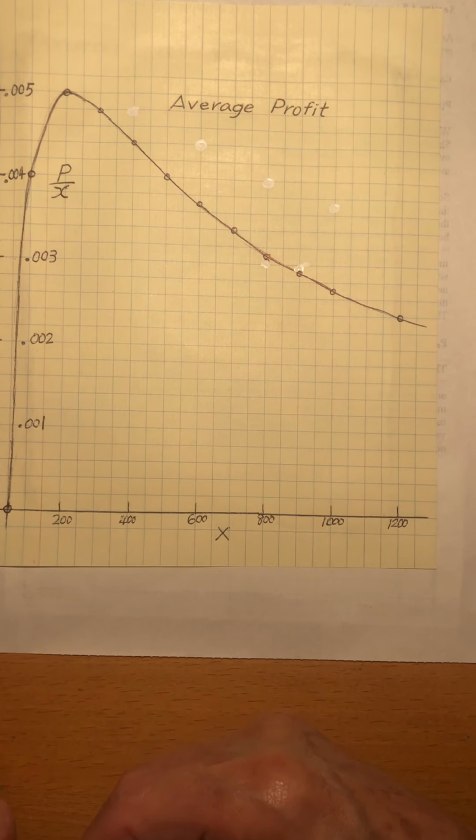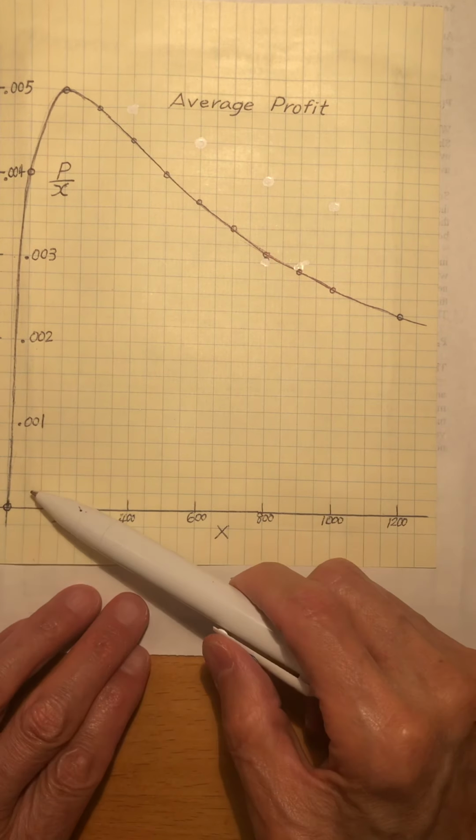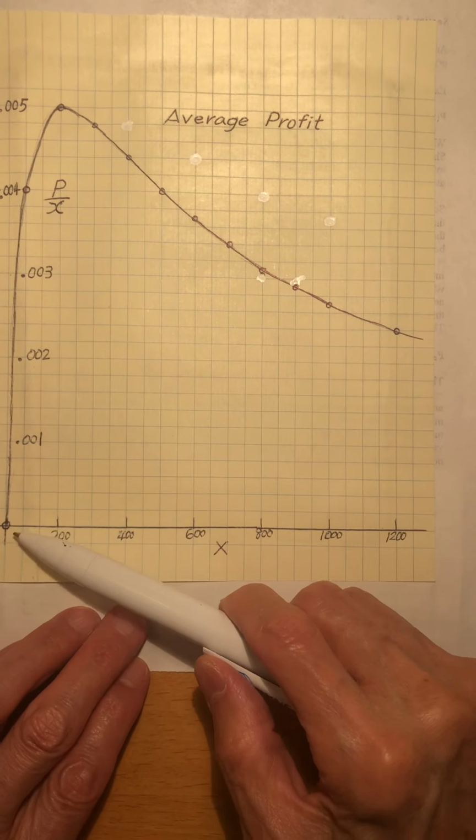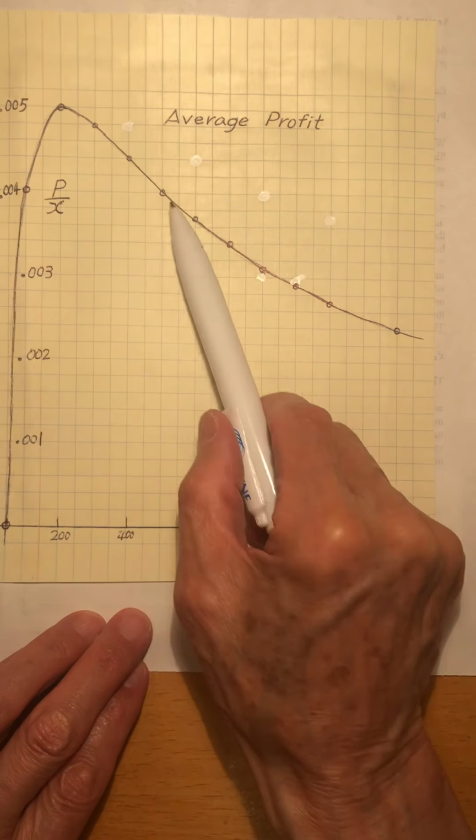Because x is the sales, you don't need to consider the negative value of the sales. The sales is always positive. So you only need a graph on the positive side of the x-axis. And if you do point by point using table values, you get a graph like that.